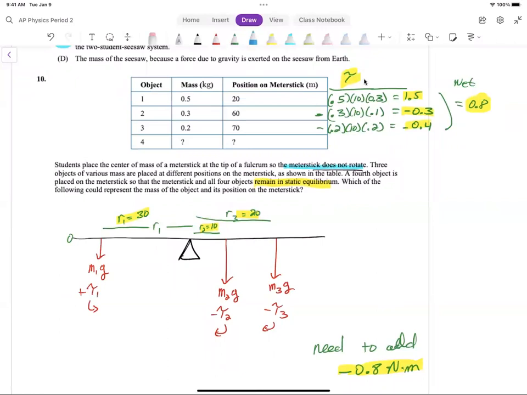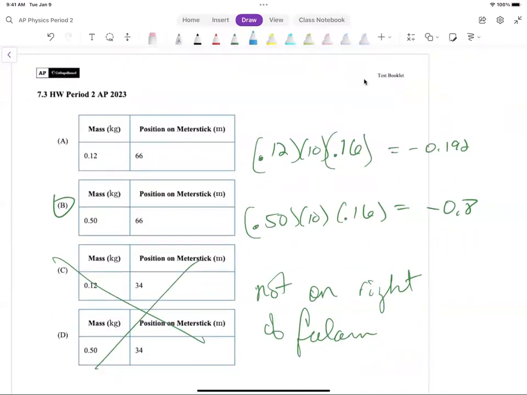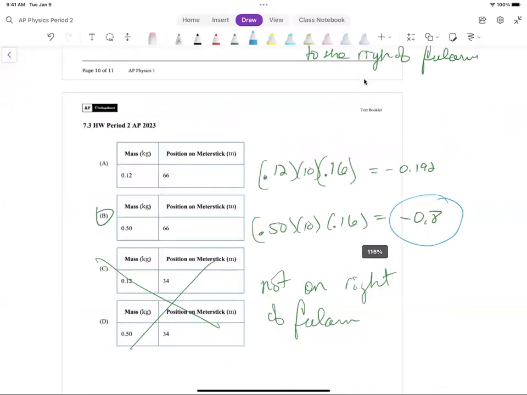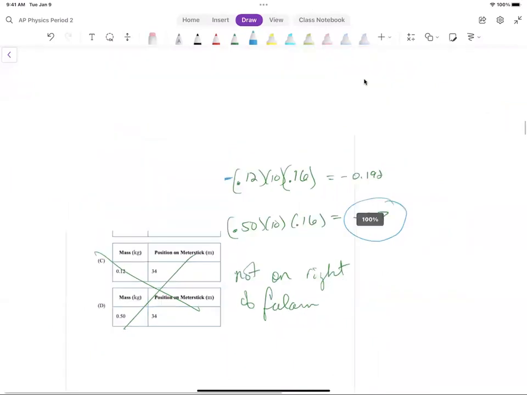It's related to the mass times the distance. So it needs to be to the right. So C and D can't be correct because it's going to be to the left. And now I just need to check A and B to see which one causes a torque of negative 0.8. And that would be B. And those are both negative because they are to the right of the fulcrum, creating a clockwise torque. And that's what we got.